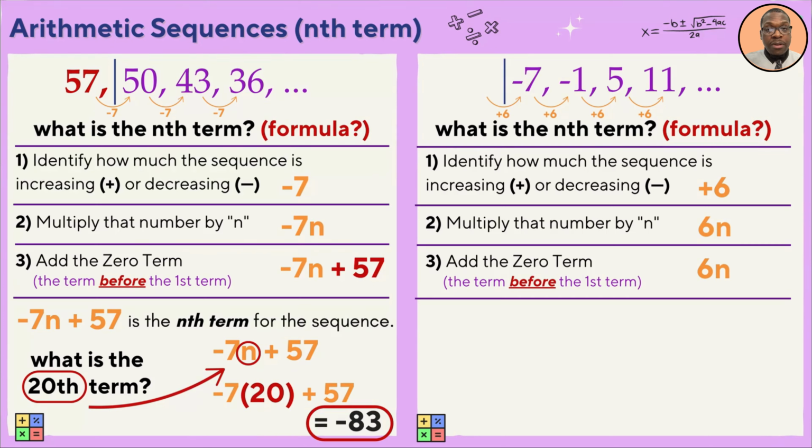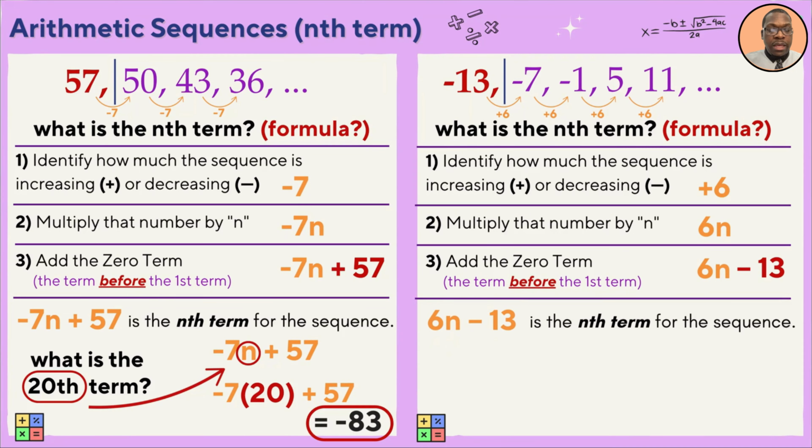In this case, it would have been negative 13. Negative 13 plus 6 does give us negative 7. Well, negative 13 obviously is a negative, so we will put 6n minus 13, or 6n negative 13, depending on how you want to say it. So this is our nth term. 6n minus 13 is the nth term. It's the pattern of that sequence.